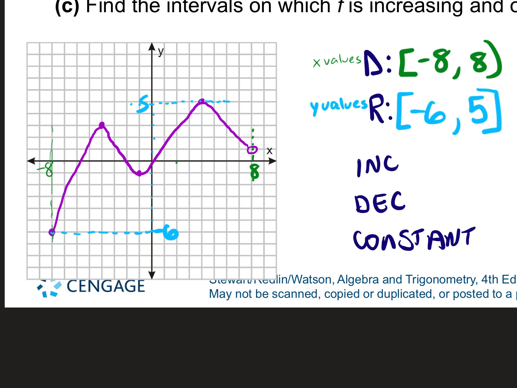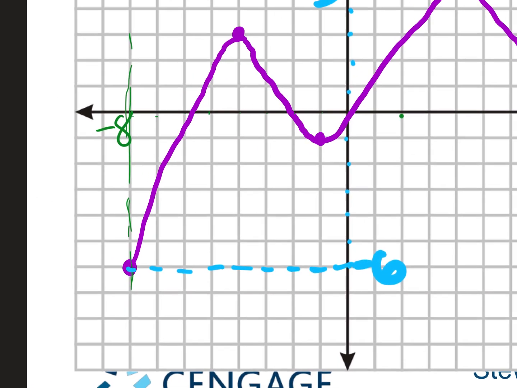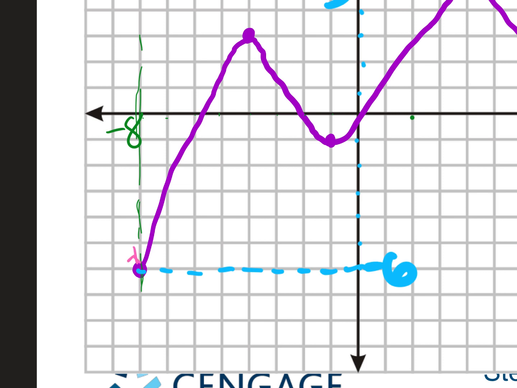All right, let's do our increasing, decreasing, and constant. Just like how we read going from left to right, we read a graph going from left to right. So I'm going to start at the left. A person, would I be walking uphill or downhill here? Uphill. So I'm walking uphill until this point. Remember, for increasing, decreasing, constant, we only look at the x values.